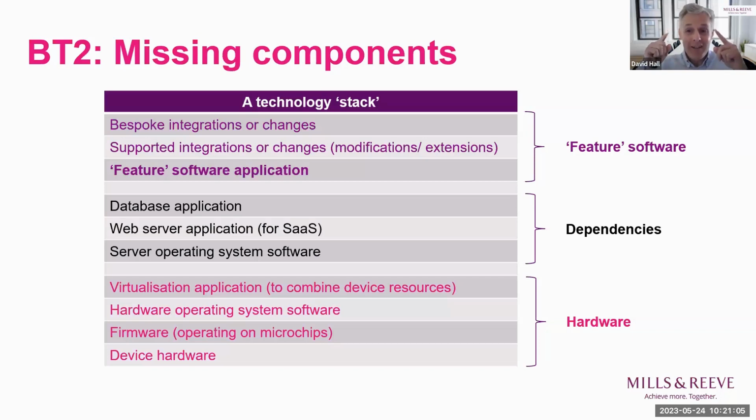We need to look above the line, don't we? And again, this comes down to managing your stakeholders and being really clear with them and interrogating them about whether their tendered specification includes all of the components. Missing components, implementation risk and cost.